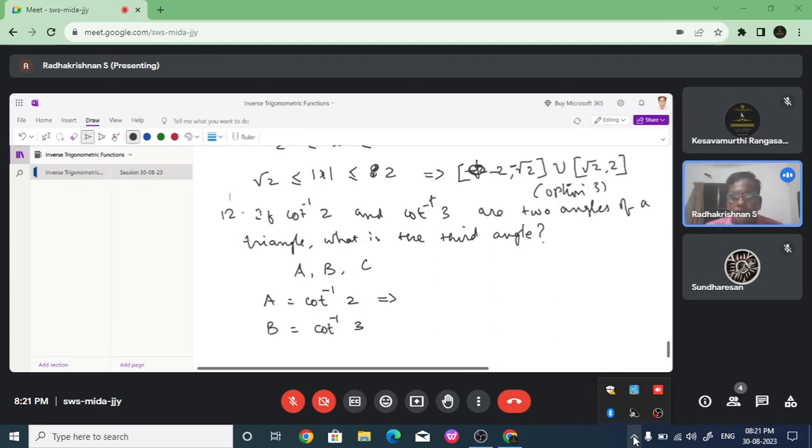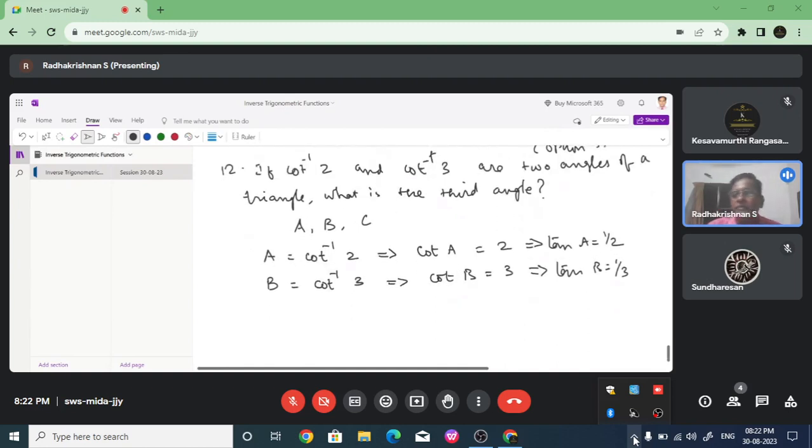So what does it imply? Cot A equal to 2. Now to determine C, from this we can determine A plus B, and then we can determine C, right?